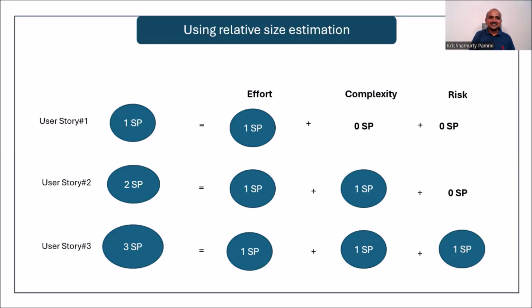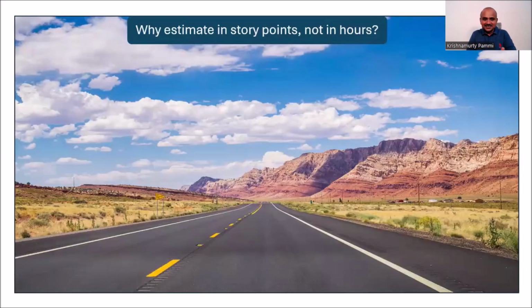You don't want to go back to hours when estimating for upcoming sprints. Now, the benefit of estimating user stories in story points is not this alone. The benefit is you can predict your roadmap very easily.